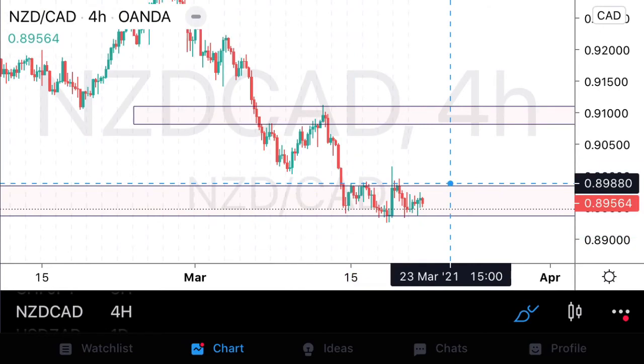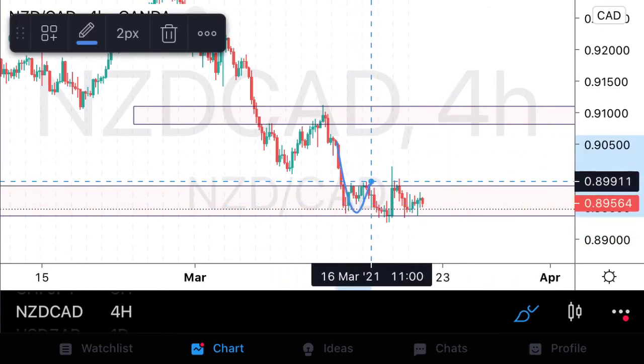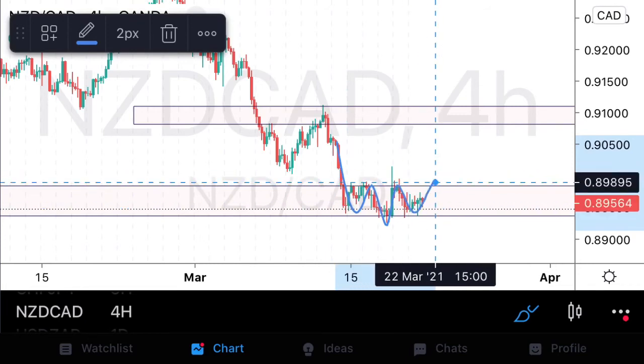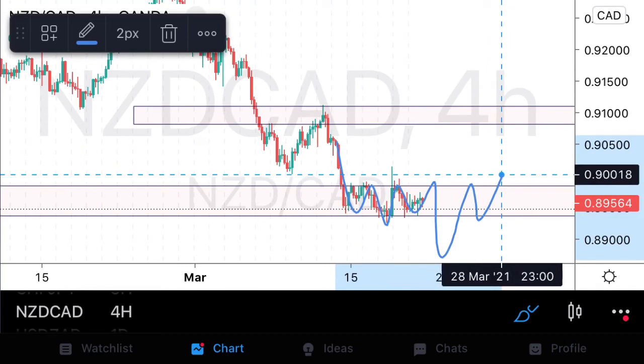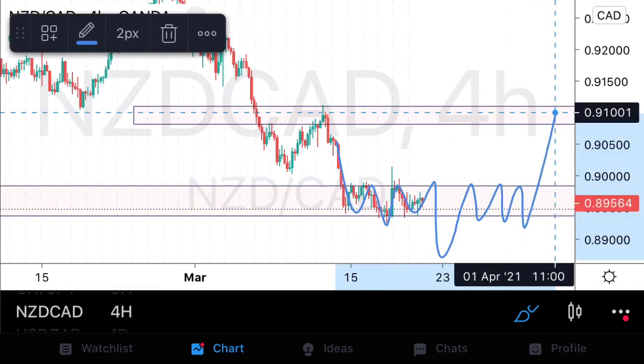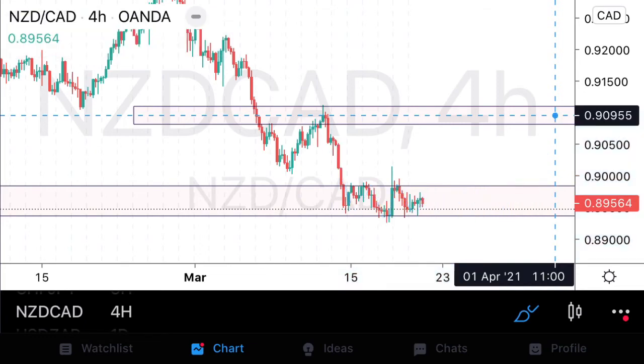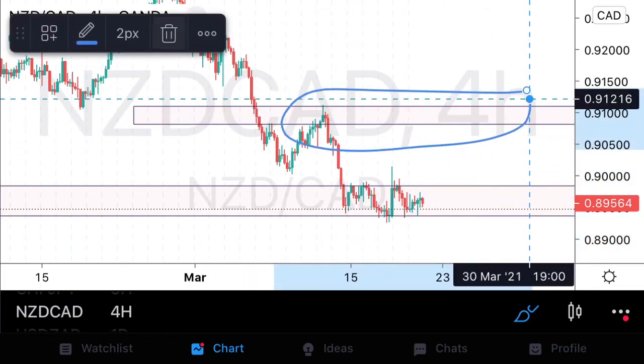So we want to wait for some more structure to develop in these areas. If we get that manipulation to the downside, prices break back to the upside, and then we see that corrective structure, then we could be looking to be buyers in this market for targets at these potential swing highs here.